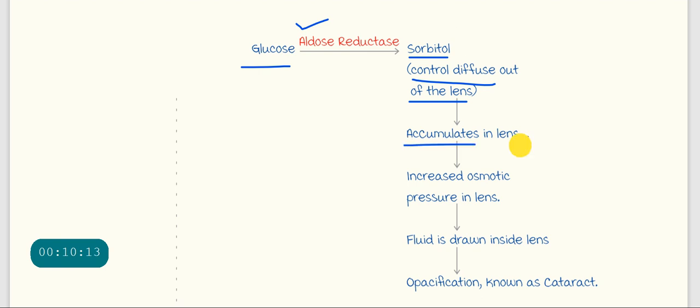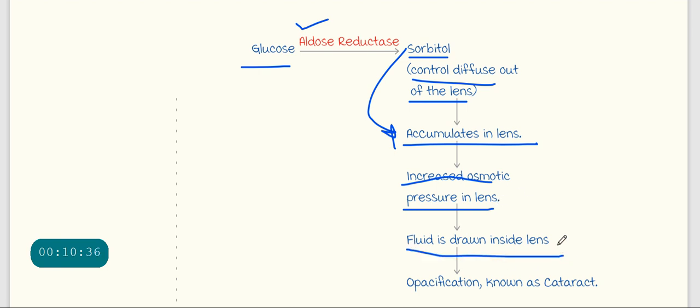As the sorbitol accumulates inside the lens, it increases the osmotic pressure inside the lens. As the osmotic pressure increases, fluid is drawn inside the lens. Then this leads to opacity, and this is called cataract.